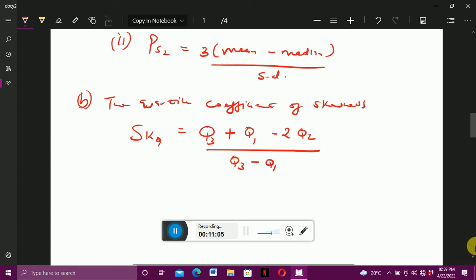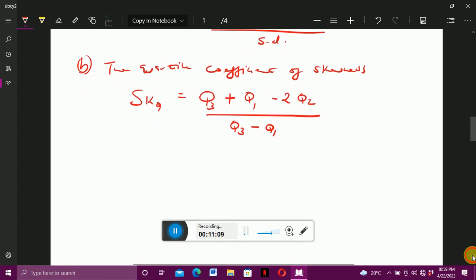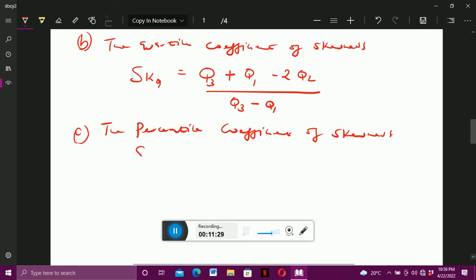So that is the quartile coefficient of skewness. We have another one called the percentile coefficient of skewness.